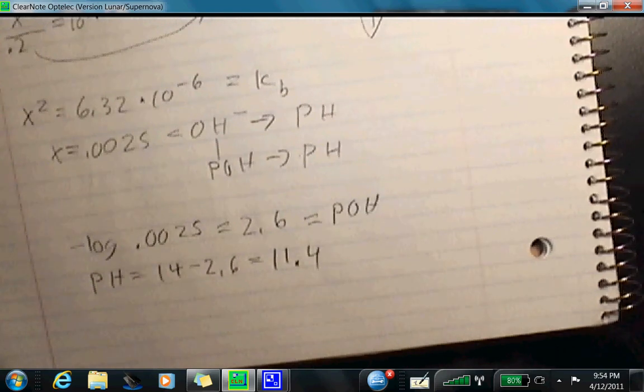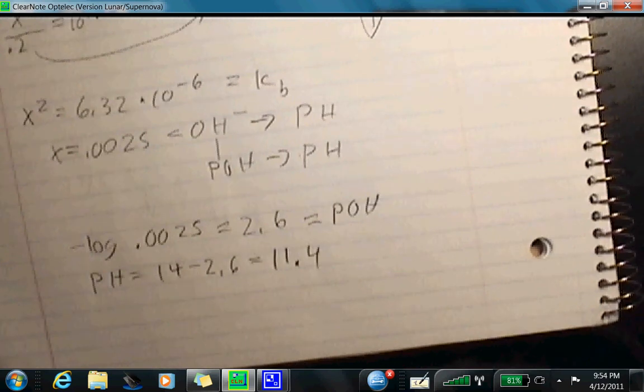In the very early problems when they first set it up, you're just going to be doing the negative log of some number. When you get into harder problems, kind of like this one, you're going to be doing multiple steps and using multiple formulas.